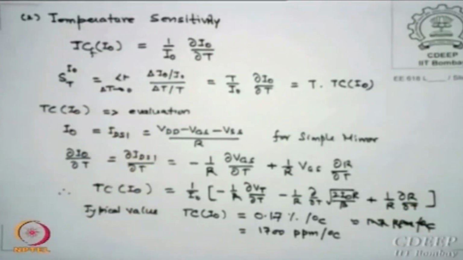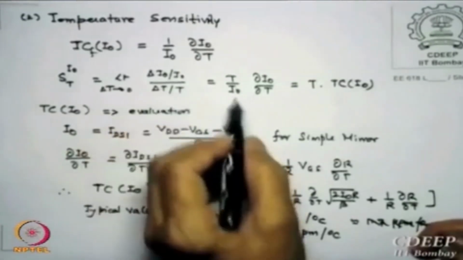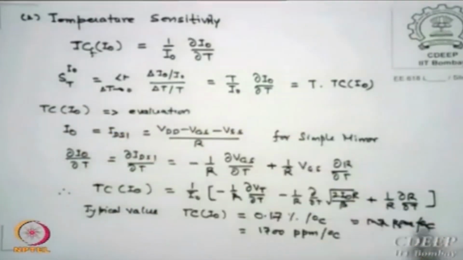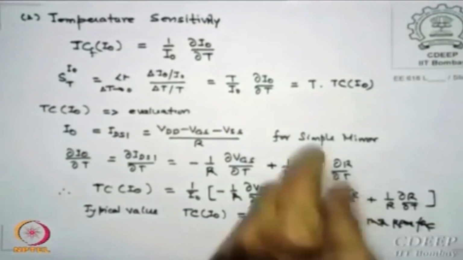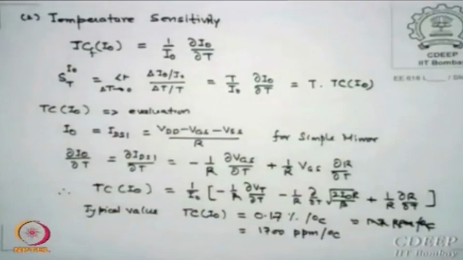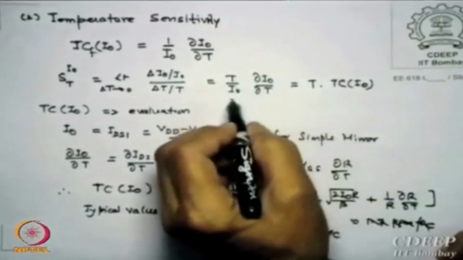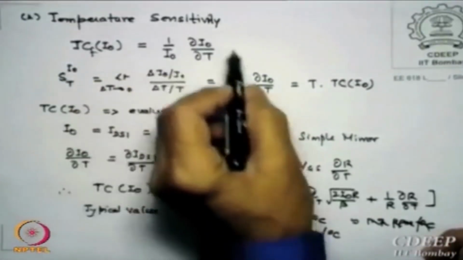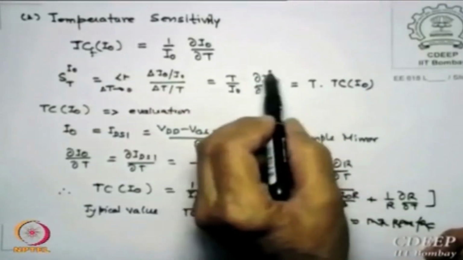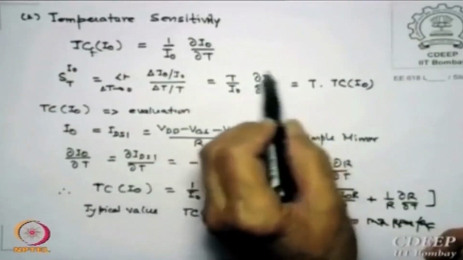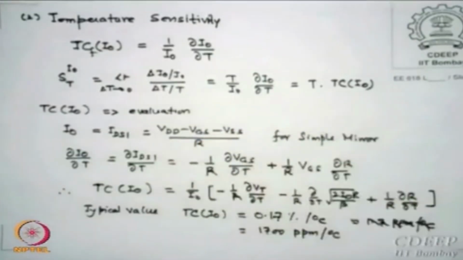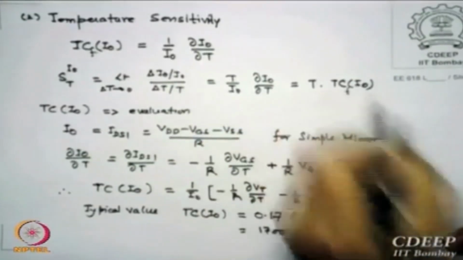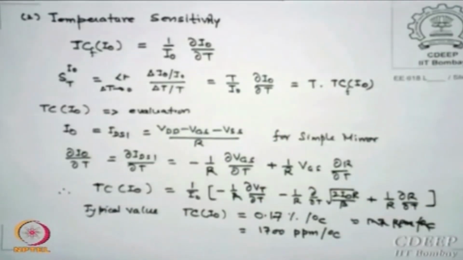Limit of delta T tends to 0, delta I0 by I0, delta T by T, T by I0 delta I0 by T. So you can see from here there is a relationship between sensitivity and TCF, is that clear? This part, 1 upon I0 delta I0 by dT, is nothing but TCF of I0. Please look at it, TCF of I0 is 1 upon I0 dI0 by dT. In differentiating this I get 1 upon I0 dI0 multiplied by T. So T times the temperature coefficient of I0 is the sensitivity.